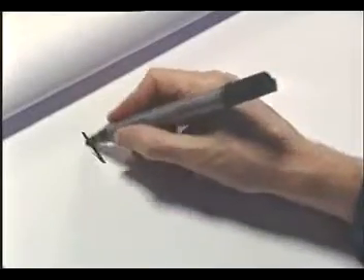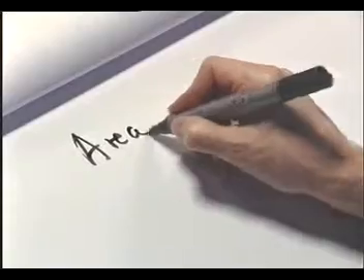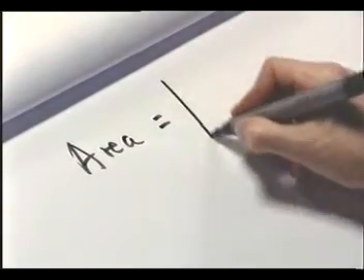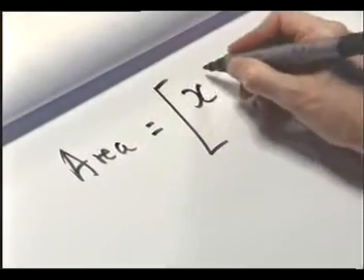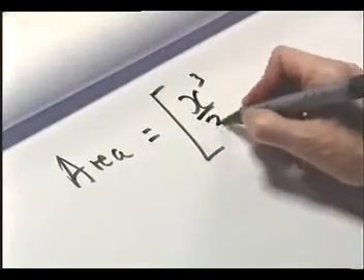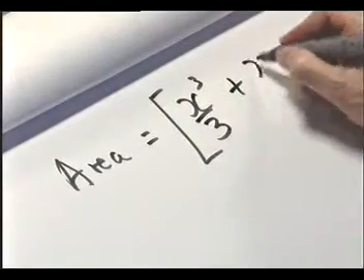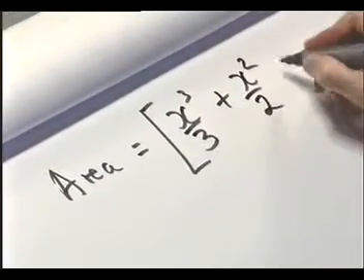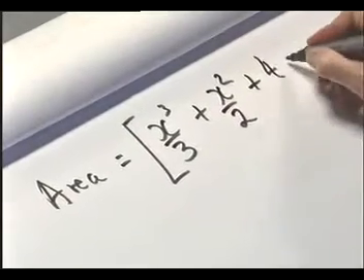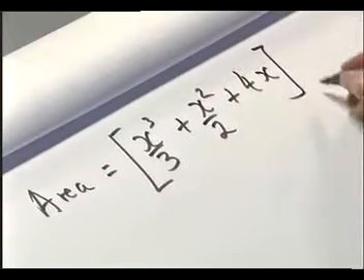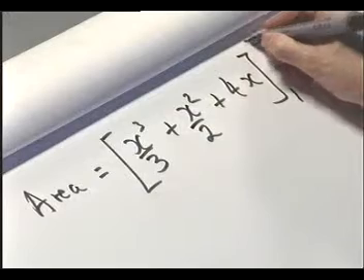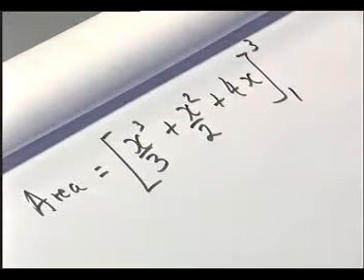Remember, the area that we're wanting is equal to, this is what we have to work out, x cubed over 3 plus x squared over 2 plus 4x, and that's to be evaluated between 1 and 3.